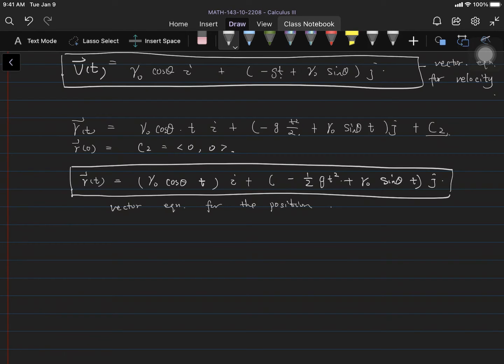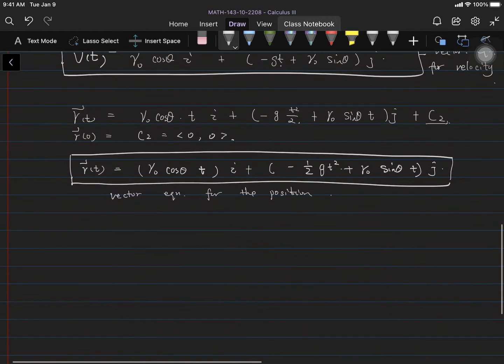Now let's take a look at the example. In general, I need to give you the general formula.